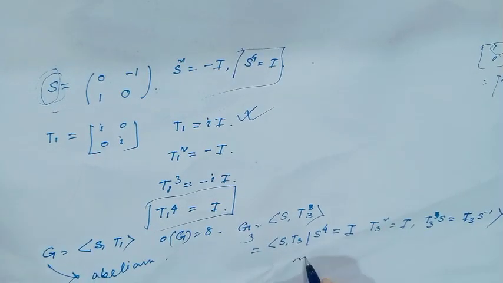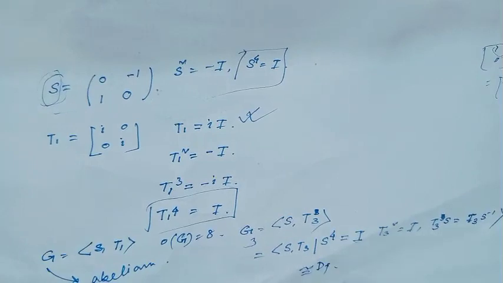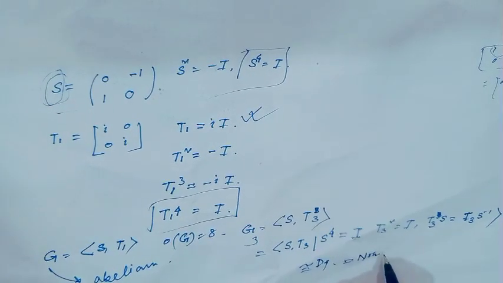That means this is actually isomorphic to the D4 group and obviously the D4 group is a non-abelian group.